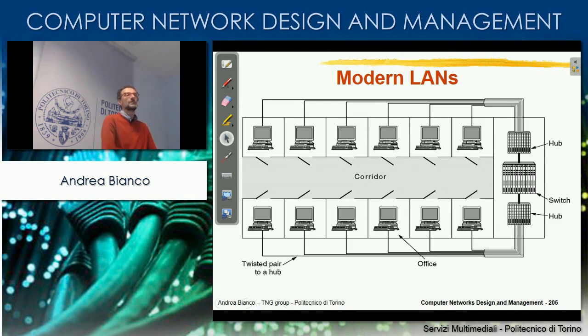This is the star we have seen before. If the central point of the star is a hub, that is a passive star behavior, one channel. If the point is a single switch, that's a fully switched network, an active star.